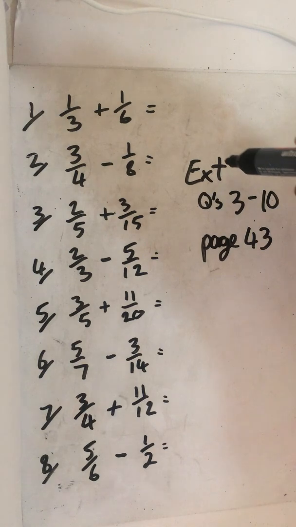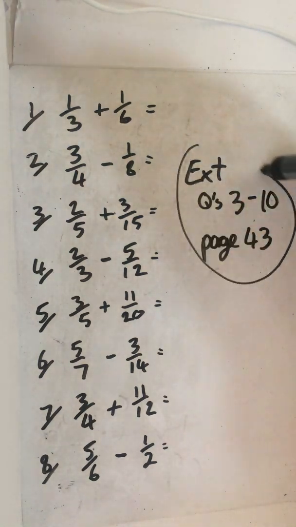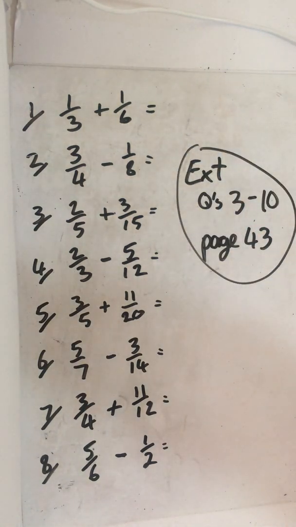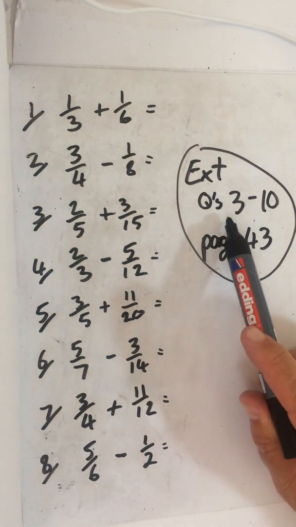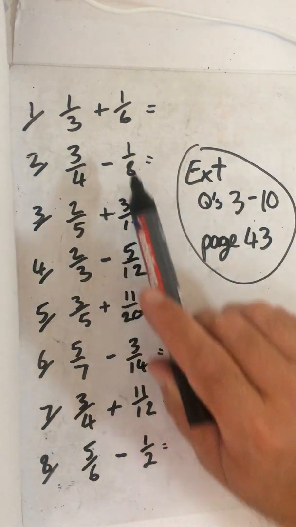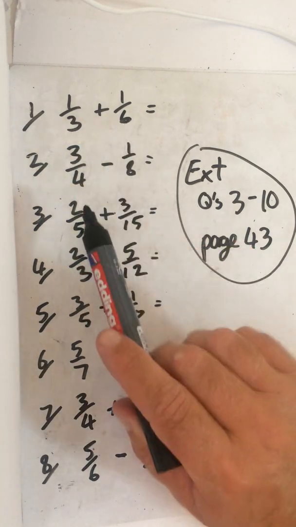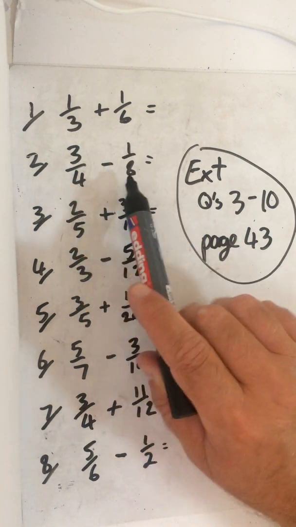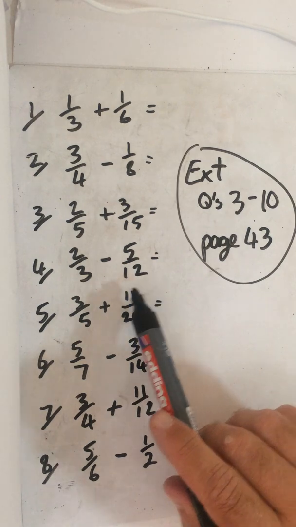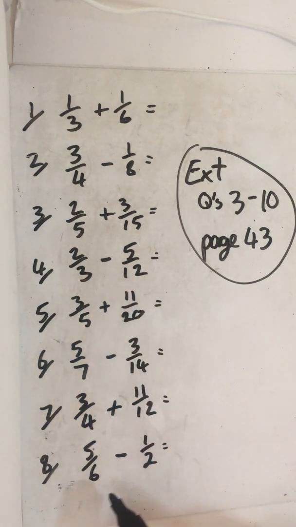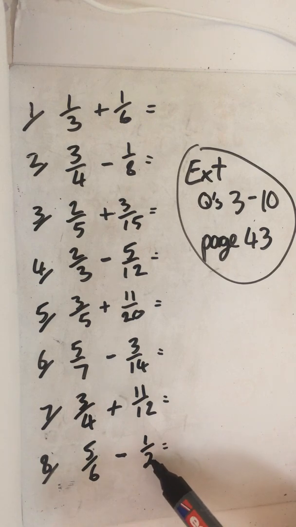Then the extension questions are the ones with different denominators, where you have to multiply. So you can just turn the thirds into 6ths, the quarters into 8ths, the fifths into 15ths, and so on.